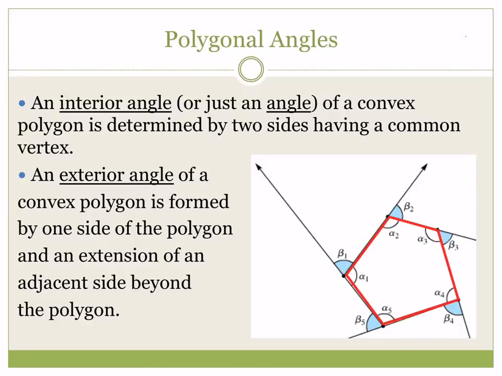So every other line or ray or however you want to describe them that extends beyond that forms these angle betas are extensions of the sides. So if I take this side over here up here at beta 1 and I extend it, looking like that, that's what creates exterior angles. Okay, it's an extension of one of the two sides that are meeting there, and it's the angle formed by the extension.